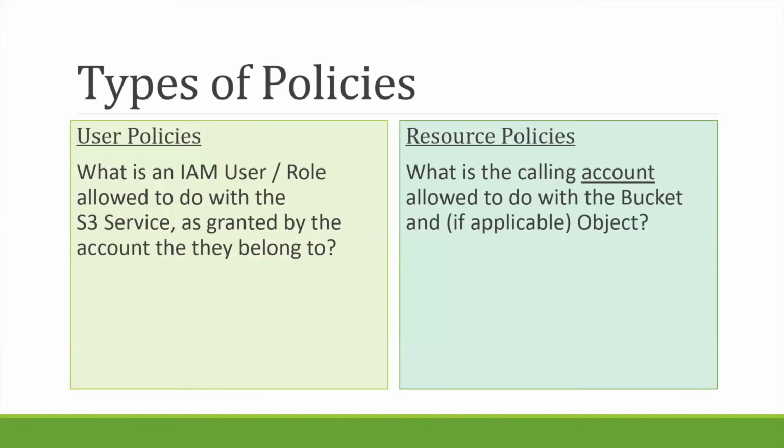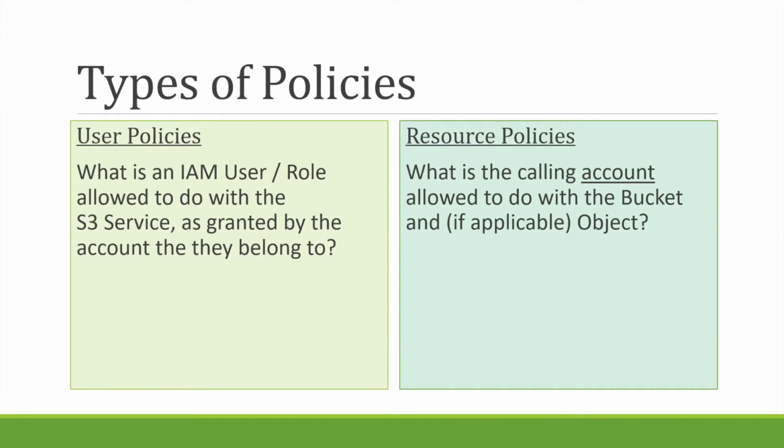And then in terms of restrictions, we've got restrictions either from the user side or from the resource side. And the user policies are around IAM users and roles, and they're saying, what are you granted permission to do with the S3 service? And it's from the perspective of the account those users and roles belong to.